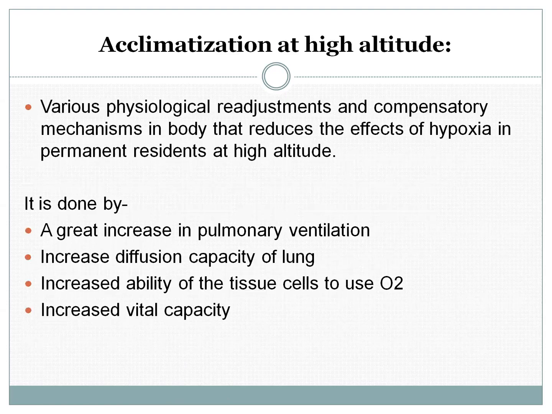So all these four changes in the respiratory system: increase in ventilation, increase in the diffusion capacity, increased utilization of oxygen, and increased vital capacity. So all these physiological readjustments will be the compensatory mechanisms an acclimatized person will show.